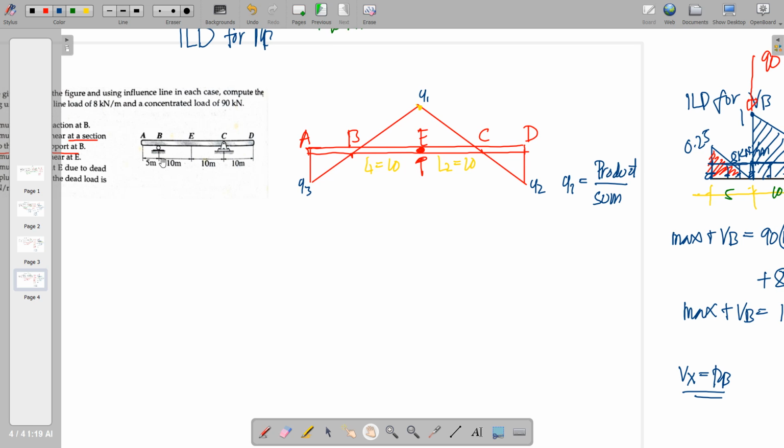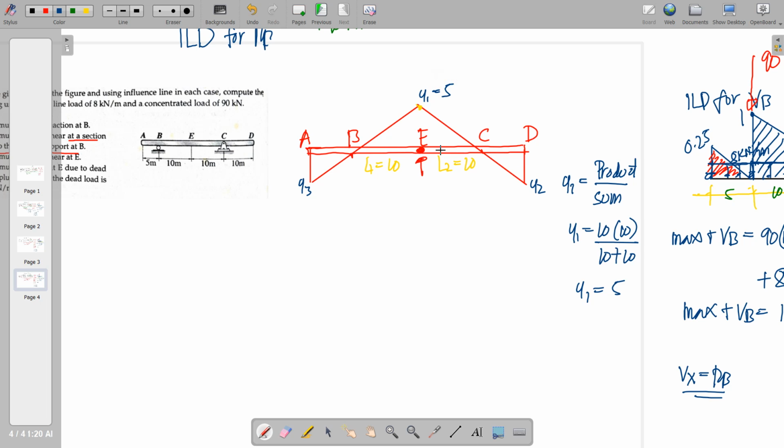So L1 and L2 again is enclosed by the two support reactions. So you can say that Y1 is 10 times 10 all over 10 plus 10. So 10 times 10 is 100 all over 20. Y1 therefore is equal to 5. So we can place it in here, 5.